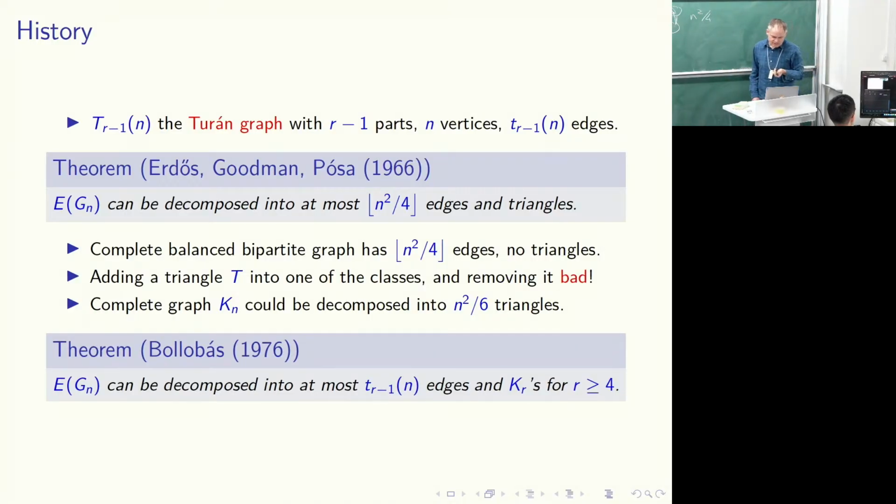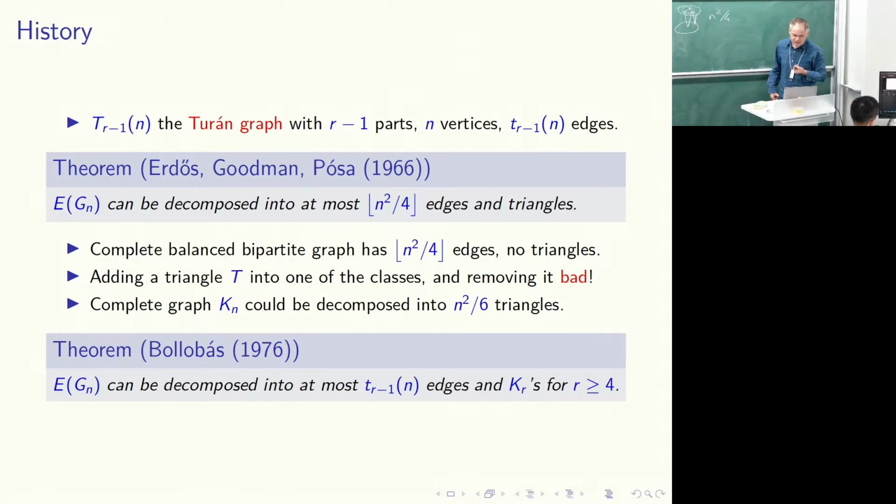And one direction in which this Erdős–Goodman–Pósa result was extended is due to Balogh, who instead of decomposing the edge set of a graph into edges and triangles, decomposed it into edges and complete graphs on R vertices.